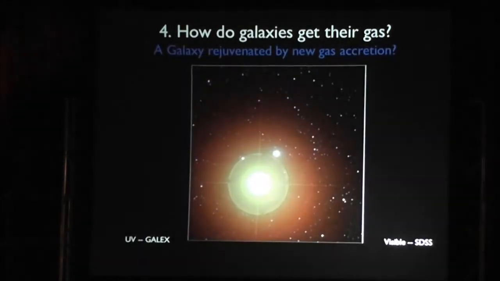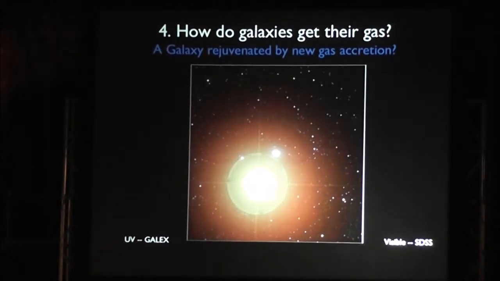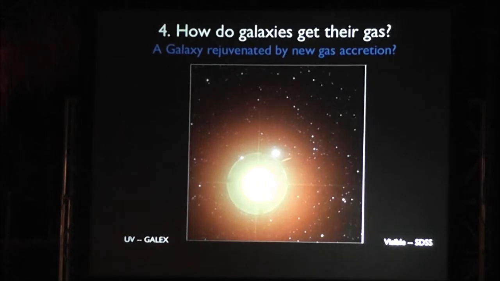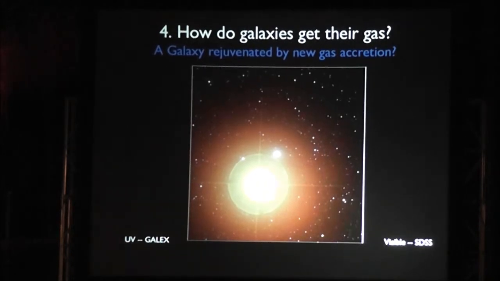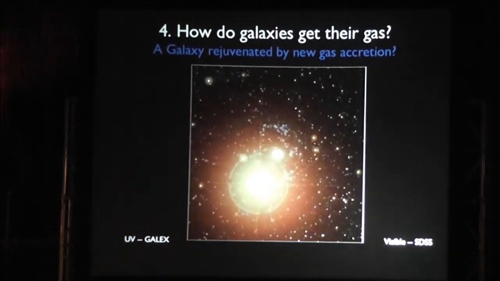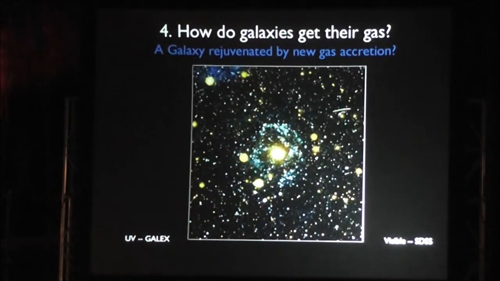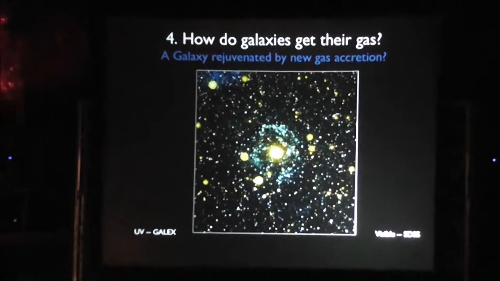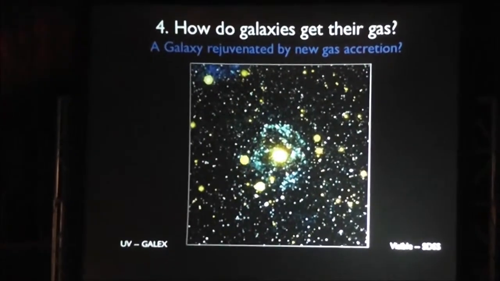We actually have evidence, even in the universe today, that galaxies are getting new bursts of gas. This is an elliptical galaxy in a visible picture, and a GALEX picture showing the ultraviolet, showing star formation occurring in a ring outside the galaxy where new gas has probably been accreted recently.